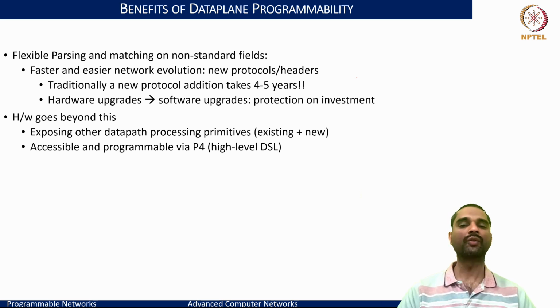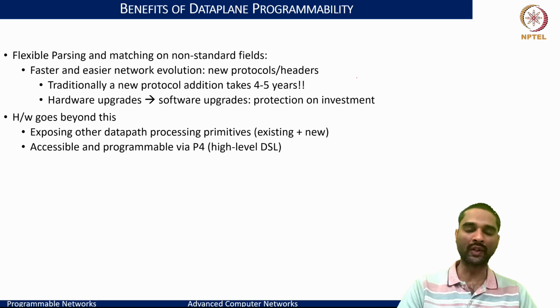And to do this, what we would need is a domain-specific language like P4 that we will look into, so that the resources are made accessible and programmable through a construct of a high-level programming language or a domain-specific language for the switches.